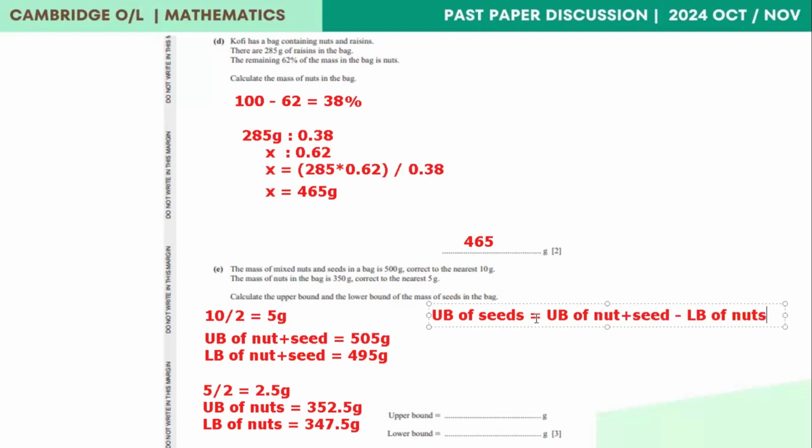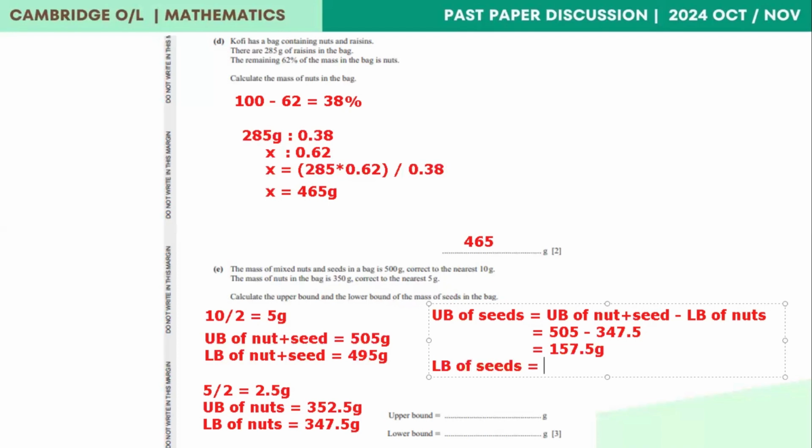So we have to use the higher value of nuts and seeds and subtract a smaller number. So the upper bound of nuts plus seeds is 505 minus the lower bound of nuts, 347.5. That's going to be equal to 157.5 grams.